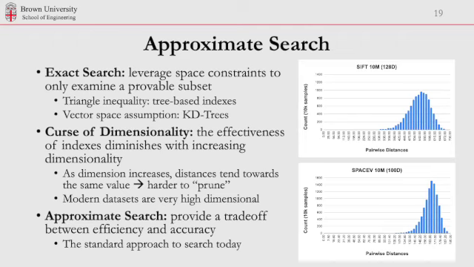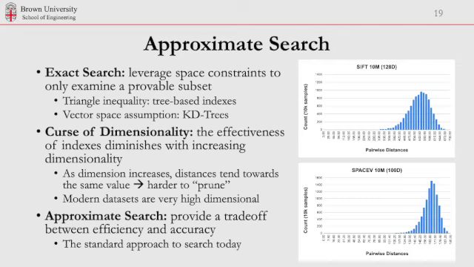The issue with these sorts of approaches, these exact approaches, and all indexes actually, is the curse of dimensionality. That's the general term for the fact that the effectiveness of an index decreases as the dimension increases. Something we observe is that as the dimension of the data set increases, the distances tend towards the same value.